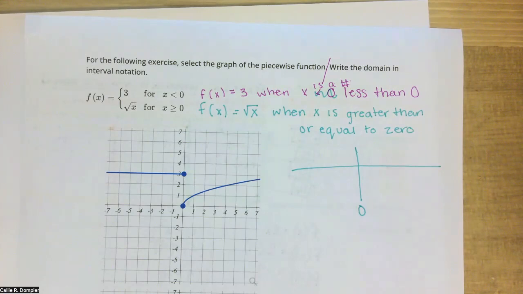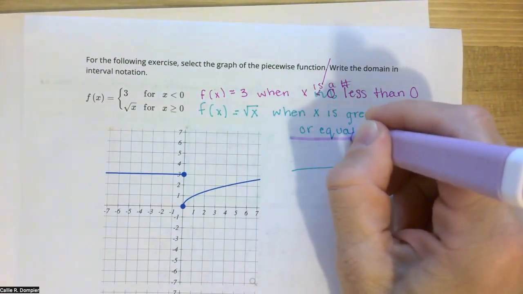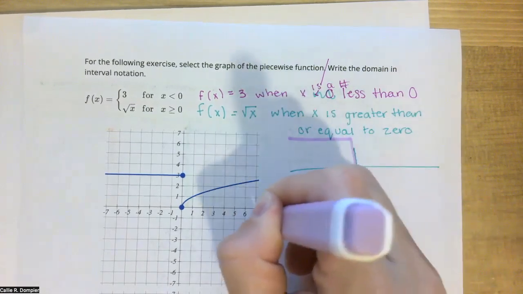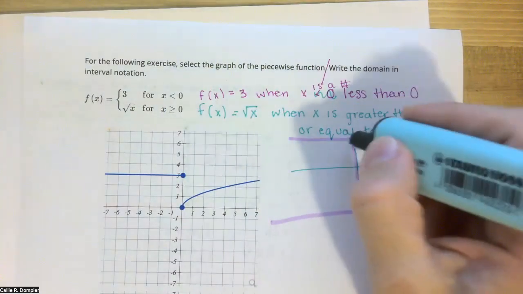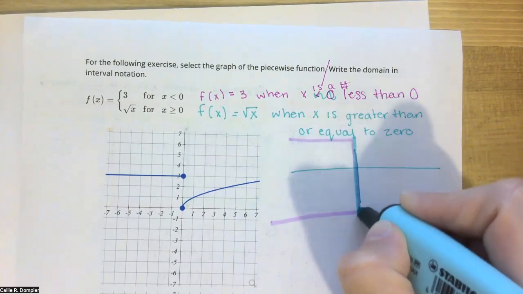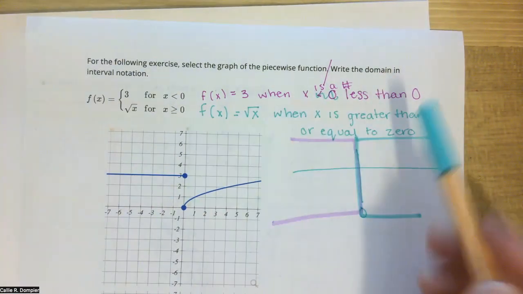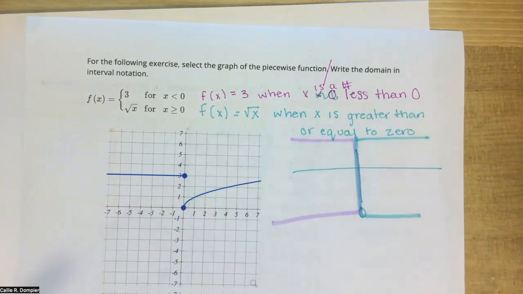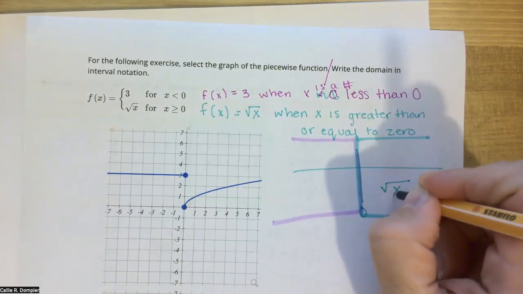And so we're dividing it between less than 0 and right on 0 and bigger than 0, right? So those are our two categories. Over here, greater than or equal to 0, we have square root x.